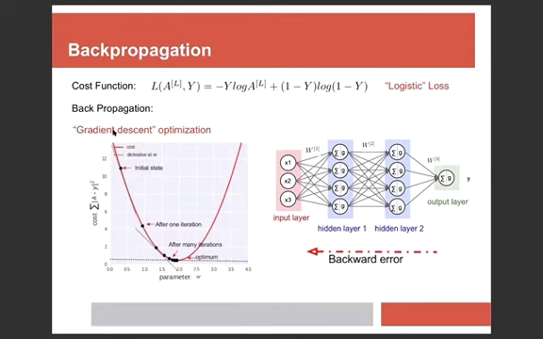The vertical axis indicates the cost, and the horizontal axis indicates the parameter weight that we want to update.